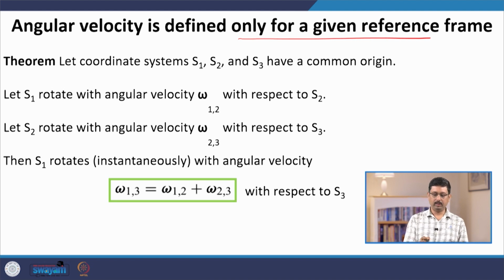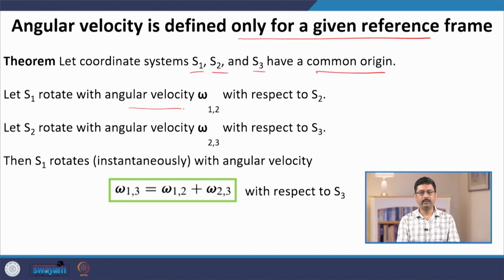For example, if you have 3 coordinate systems or 3 reference frames S1, S2 and S3, let us say that all of them have the same common origin, then S1 is rotating with an angular velocity omega 1,2 with respect to S2, and S2 in turn is rotating with an angular velocity omega 2,3 with respect to S3.